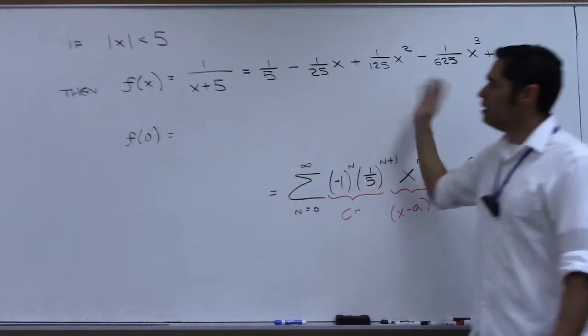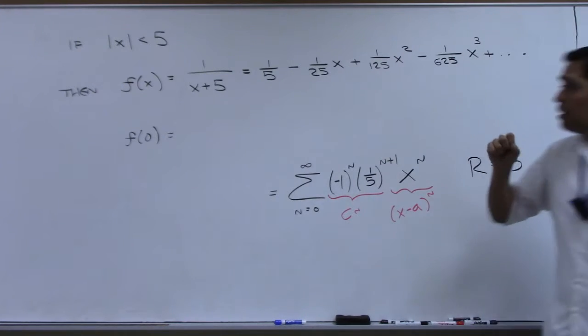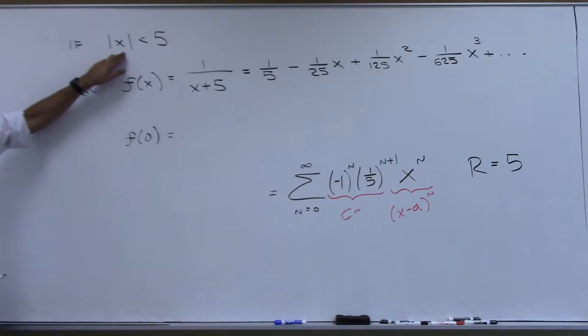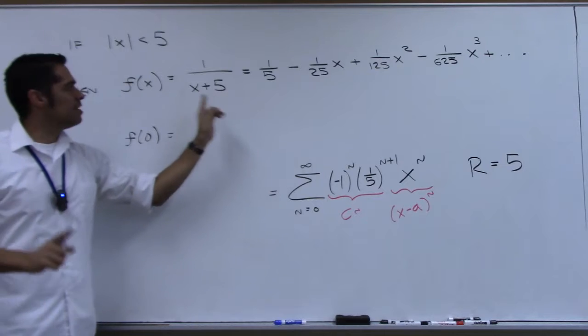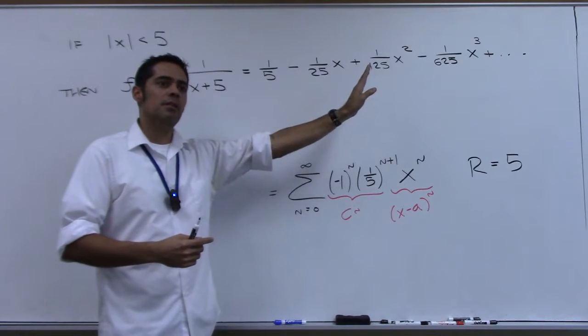At 0, they're the same function, aren't they? And as long as the absolute value of x that you pick is less than 5, then these two functions are exactly the same. The difference is this one's easy to evaluate, right? Just plug in the number. This one you'd have to go out forever, which you can't do.